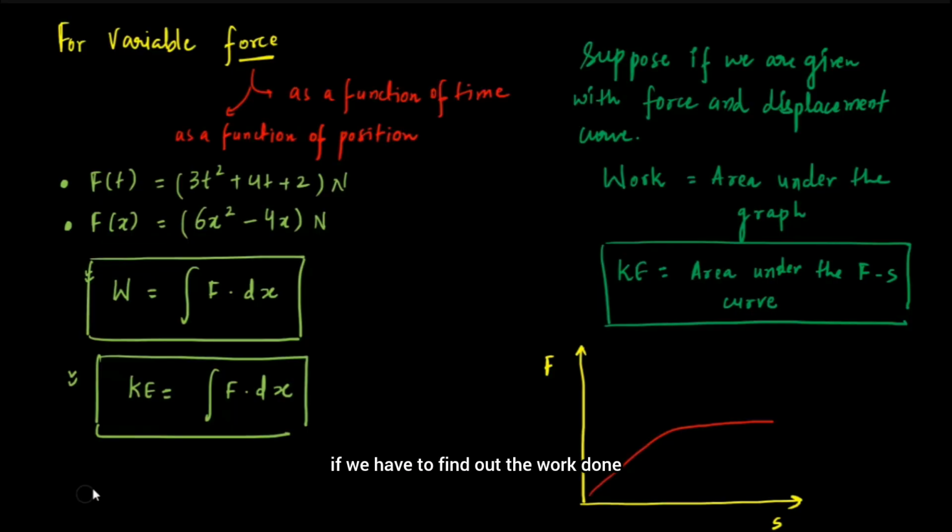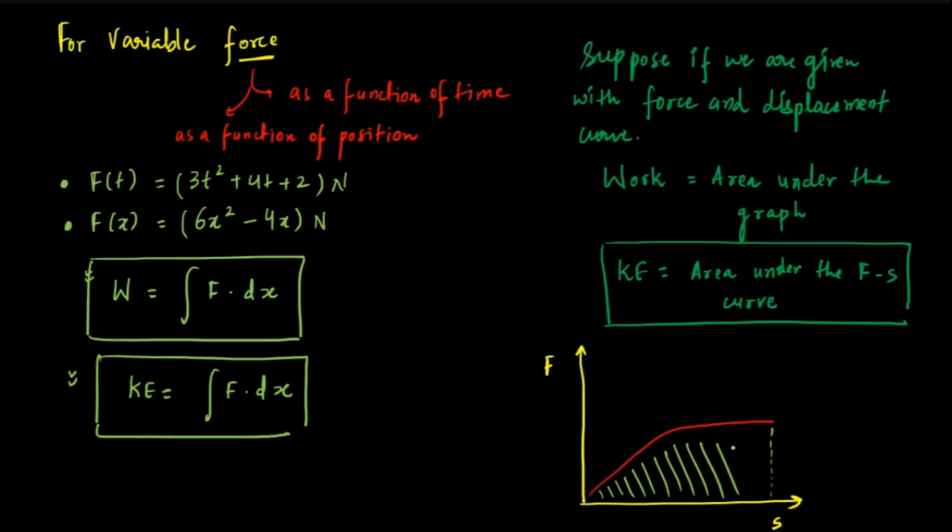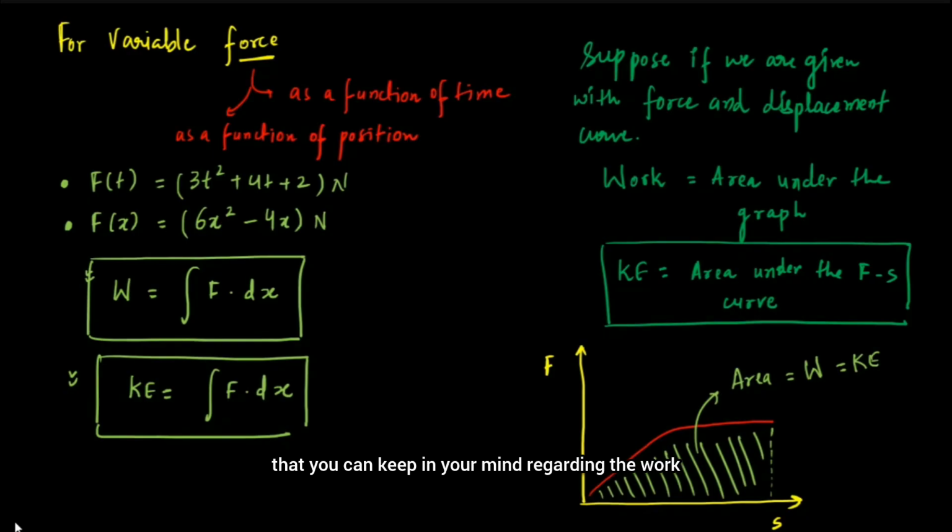If we have to find the work done, we can simply find the area of the given situation. You just have to find how much area is there, and that area is equal to either the work done or the kinetic energy. So that is another thing you can keep in mind regarding work and kinetic energy.